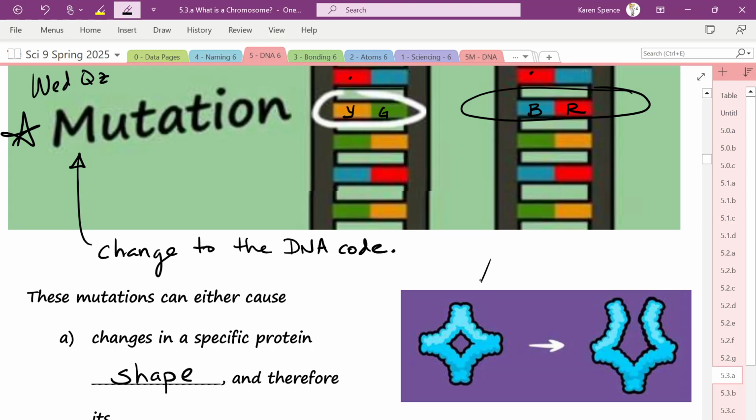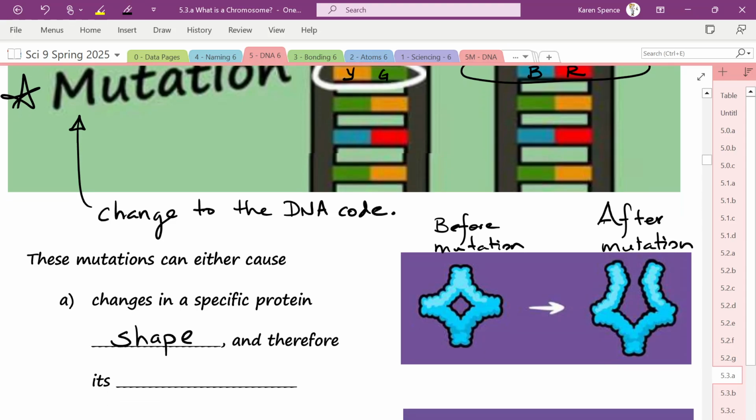You can see maybe it started like this, and this is before mutation. And this is after the mutation. And if we change its shape, what do we change?